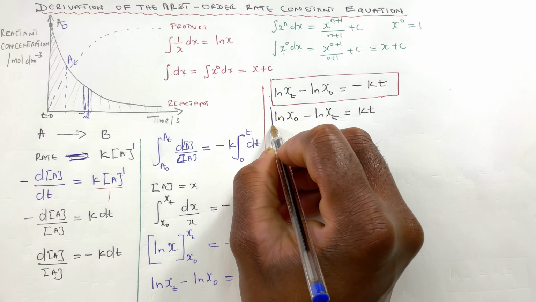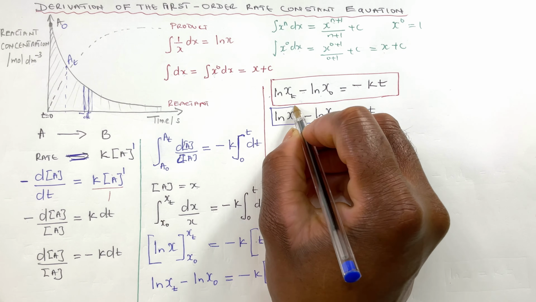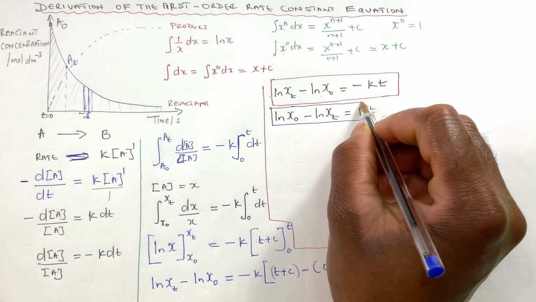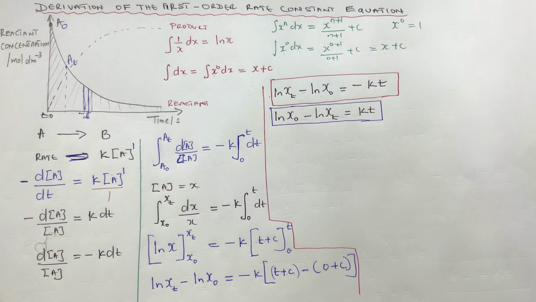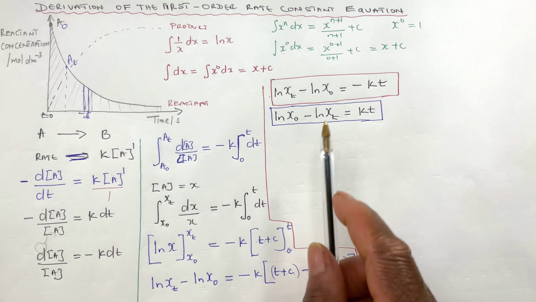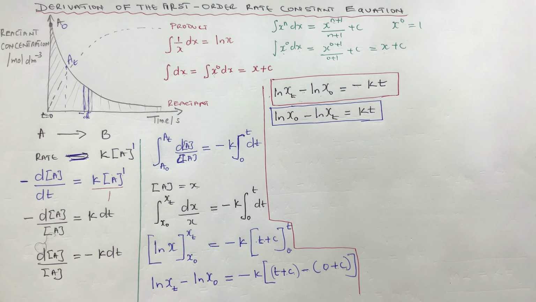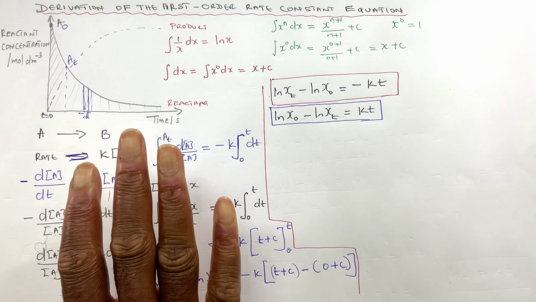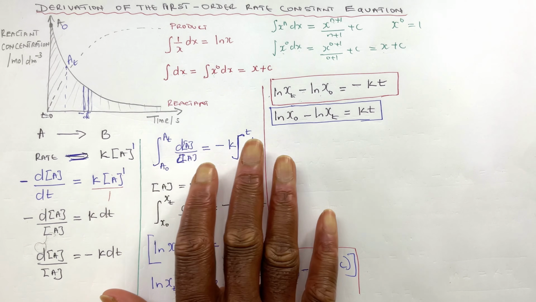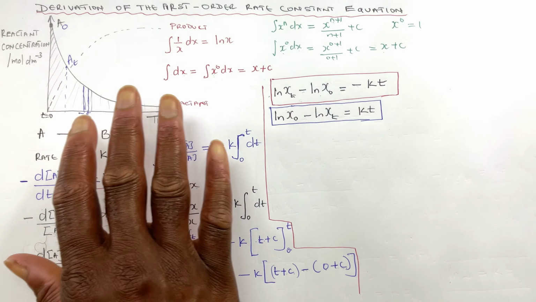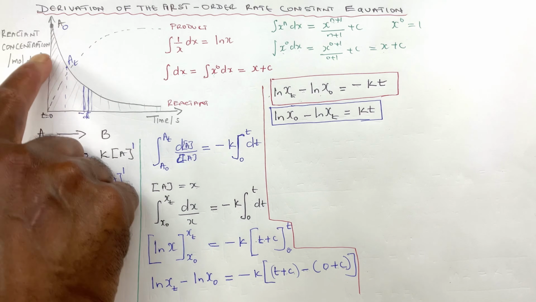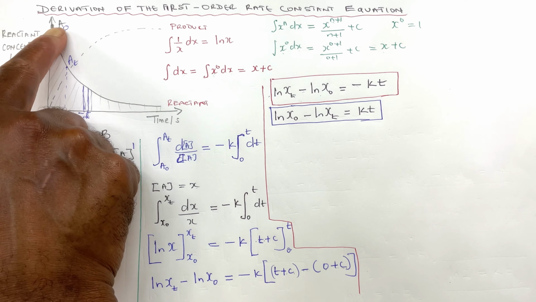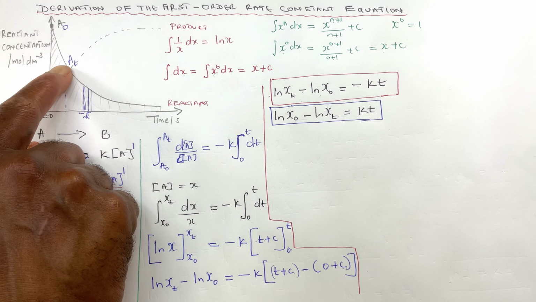So that will be the first order rate constant equation. As you can see, what about if I'm dealing with a half-life situation, where the half-life can describe what's going on when A decreases to half of its original value every time?